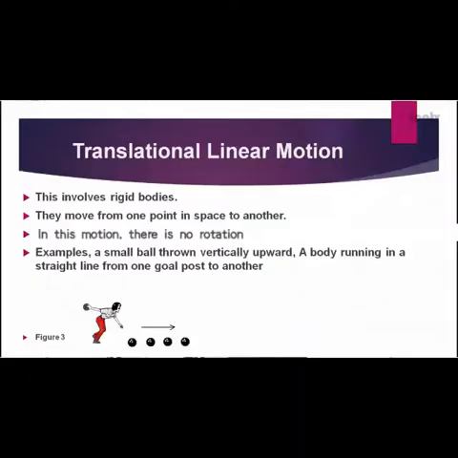Example, a ball is thrown vertically upward, up, down, up, down. That is an exhibition of translational linear motion. It's moving in a straight line. A goalkeeper, for example, to whom a player shoots a ball, shoots the ball back to the player in a translational linear motion.